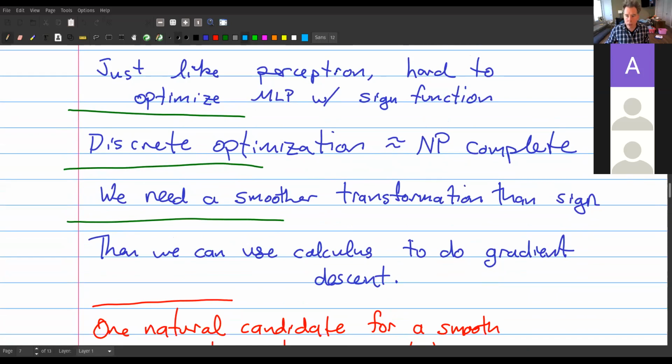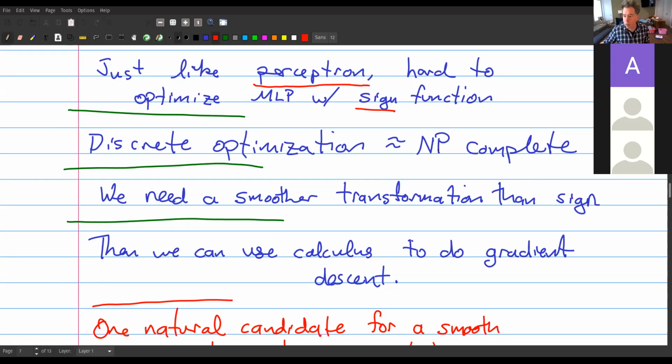So if you remember with the perceptron, back in chapter 3 of our textbook, there's this nice discussion about why the sign function is hard to work with. It's because it's a discrete function, and discrete optimization problems tend to be NP-complete. In general, the problem of finding the best hyperplane separation using just the sign function in the hypothesis class is an NP-complete problem.